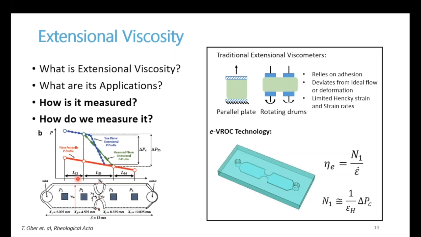Now if you measure the pressure drop through the constriction, it's going to be proportional to the first normal stress difference. And then by knowing the dimensions of your channel and the shape of the constriction, you establish the strain rate. And then by definition, you have your measurement of extensional viscosity.